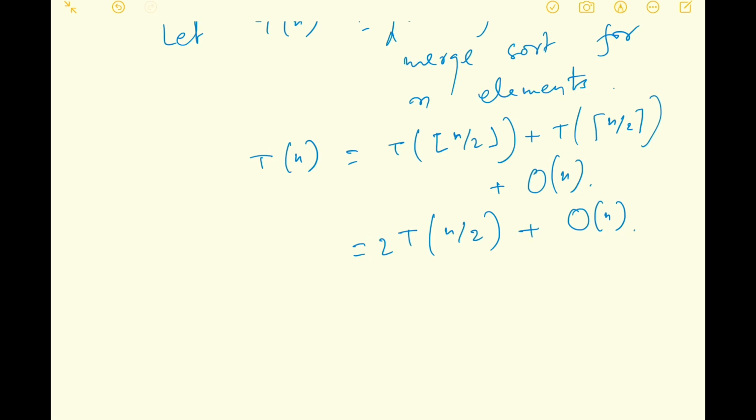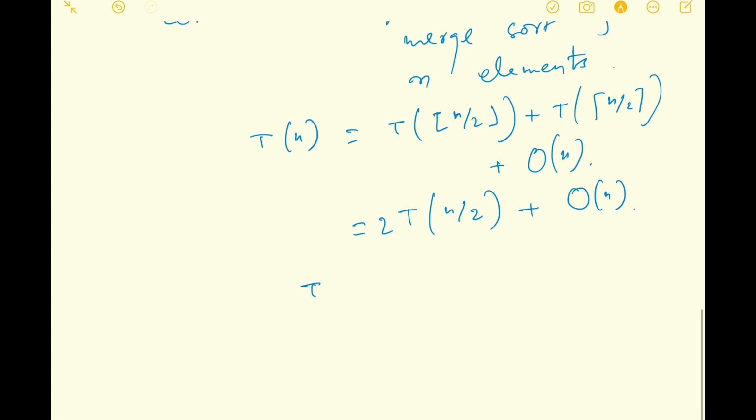Why and how we can do it, we will come back to later. So this is the recurrence relation, and maybe t1 is big O of 1. This recurrence relation we want to solve and find some nice closed form solution for Tn. That is our goal.